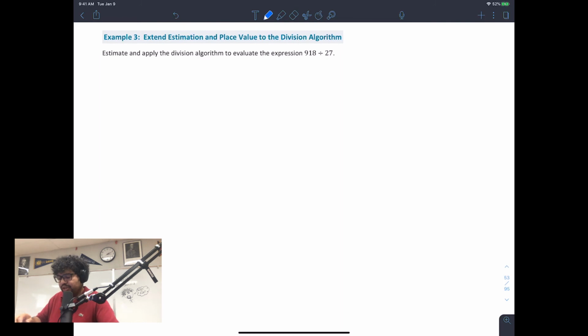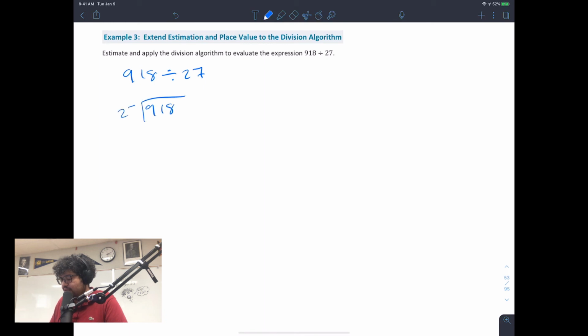On the last example here, example number 3, let's try to get as close as we can to the actual numbers with our estimation so that we can get an estimate that's closer to the actual quotient. So we have 918 divided by 27, right? Now again, we're going to estimate as close as we can to the actual numbers.